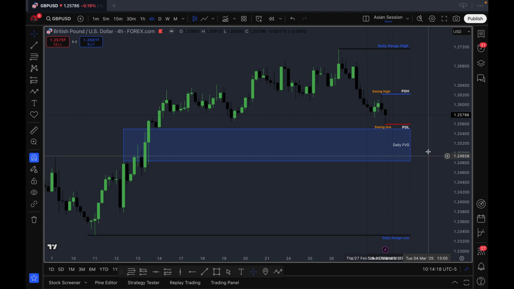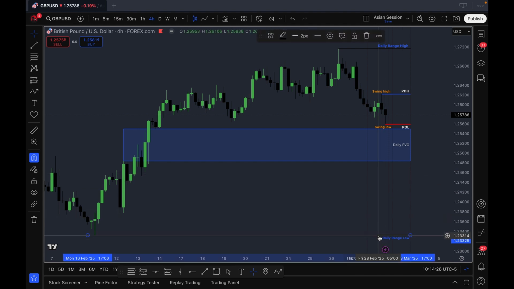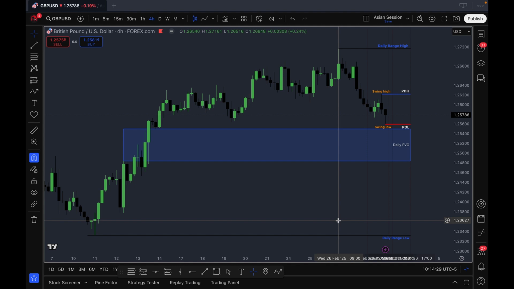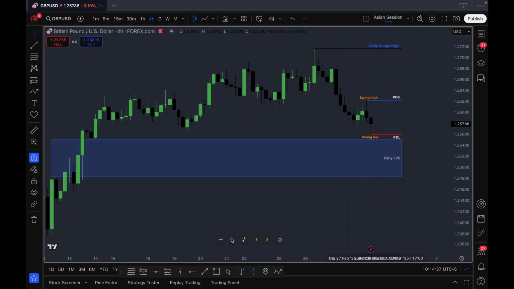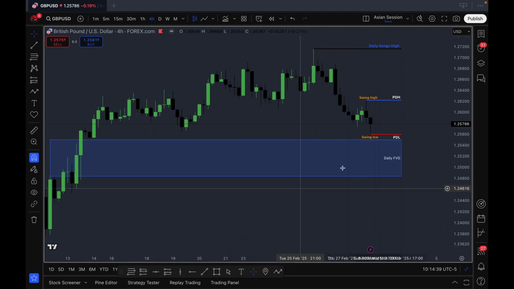The only reason I would say it's no longer a buying market is when the market closes below the daily range right here. That's when I would consider changing my bias from bullish to bearish. But as for now, this market is pretty much bullish for me, and I'll be looking for buying opportunities around this zone right here, this daily fair value gap.